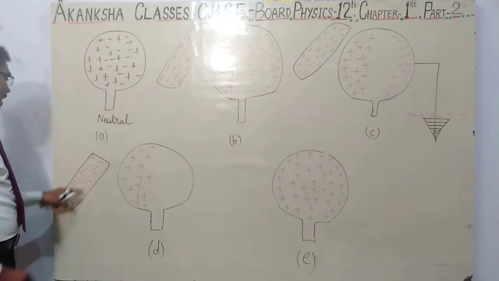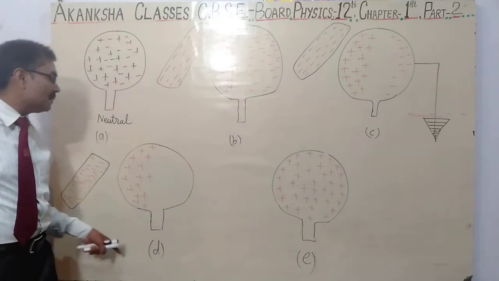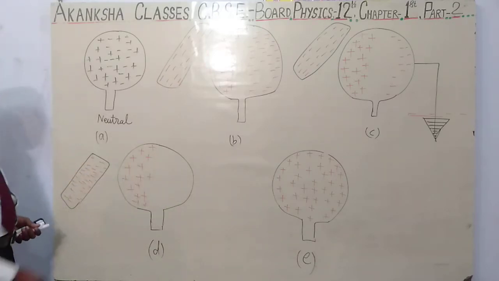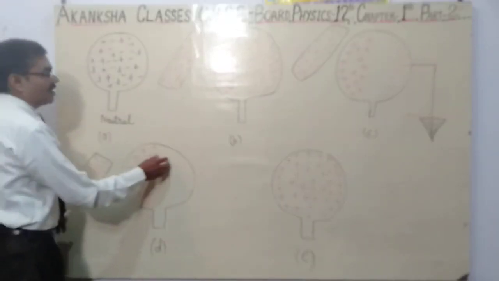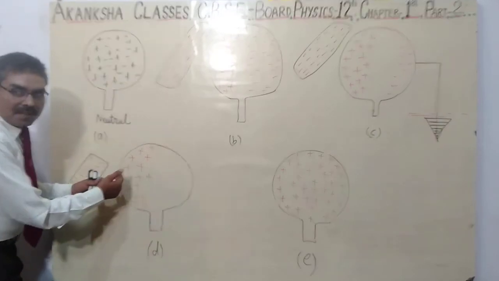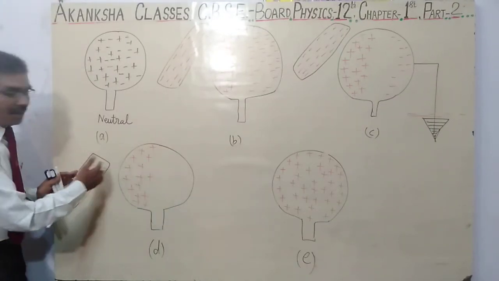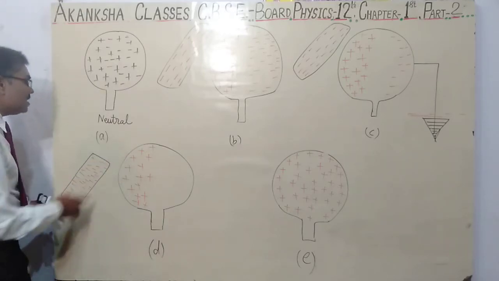This represents a negatively charged object, and the sphere has become positively charged, but this portion is empty because electrons have gone, and the positive charges are on one side because of the force of attraction of negative charges.